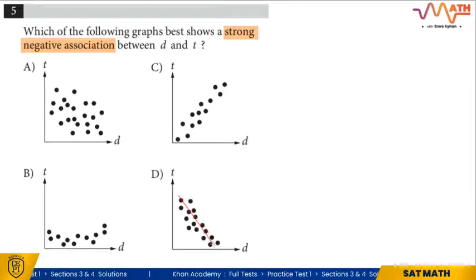When you look here, points are getting really close to this line, and it is decreasing. Answer is C. A and B will never be. C is a strong association, but positive.